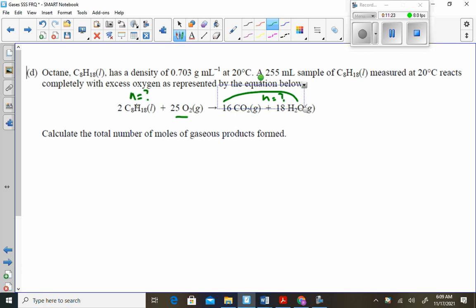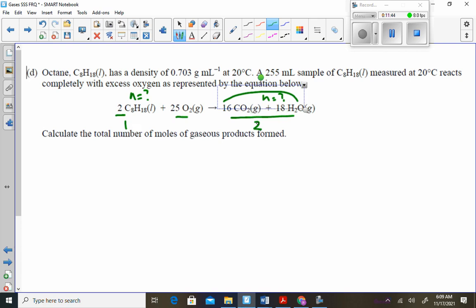If we know the number of moles we started with, we know the mole-to-mole ratio between the reactant in question, our limiting reactant, and our products. So step 1 is find the moles, and step 2, convert to moles of the product.